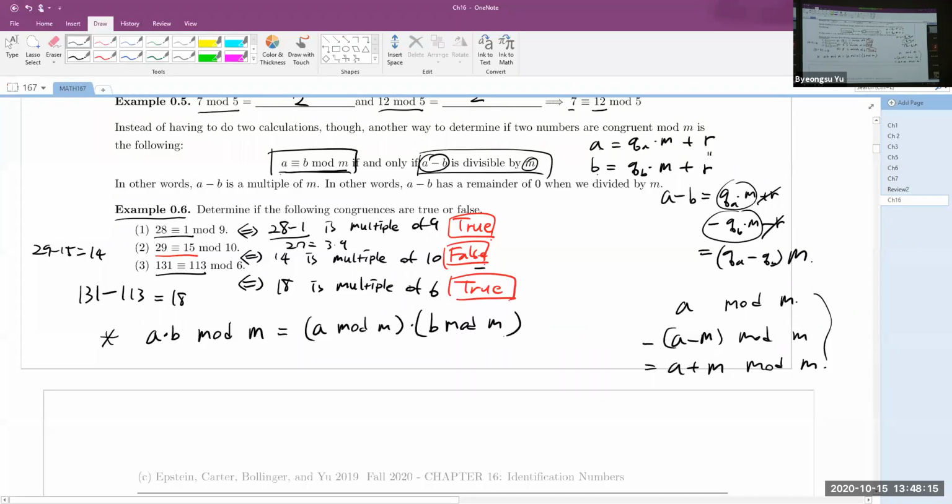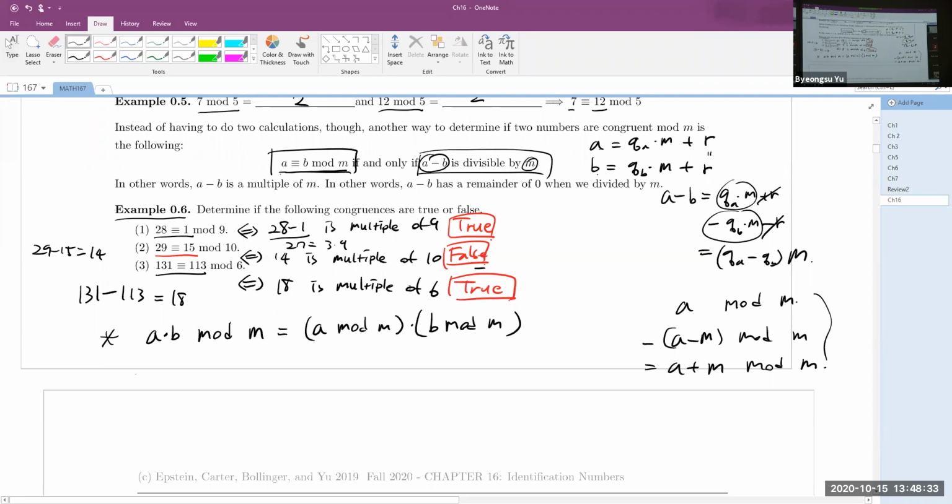So sometimes if you know the factors of your number, then you can find this mod m much more easily than usual.